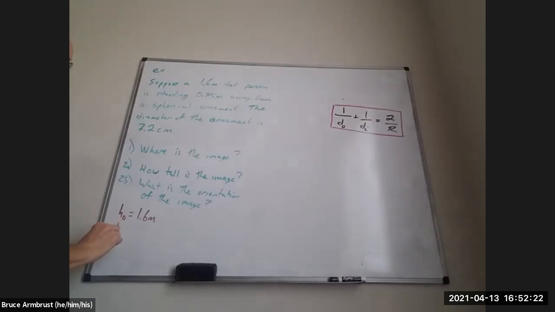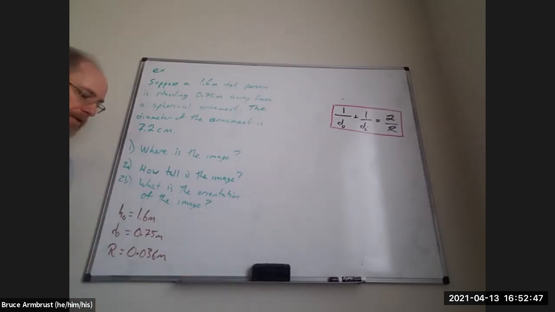We know DO is 0.75 meters. And we know R, we have to cut that in half. So the diameter is 7.2 centimeters. The radius is 3.6 centimeters. So that's going to be 0.036 meters.